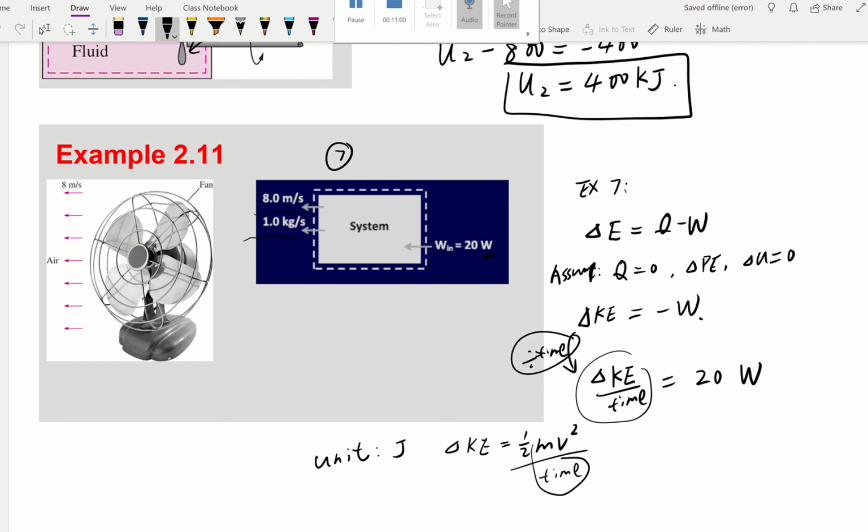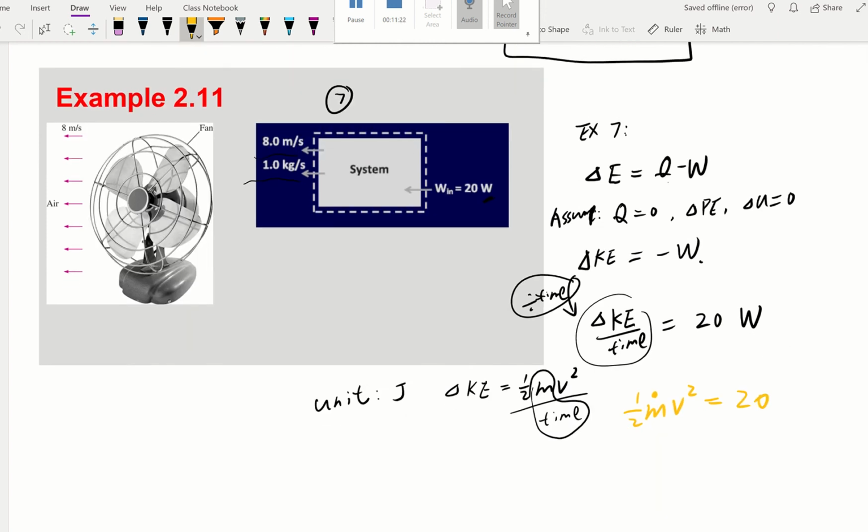Now, what's mass over time? That is going to be our mass flow rate. We're talking about m dot, as in some videos in engineering fundamentals. It is half m dot v squared. That's equal to 20 watt. That's it. And we don't need to know the mass, we just need to know the mass flow rate, which means how many kilograms flow per second, which we do know.